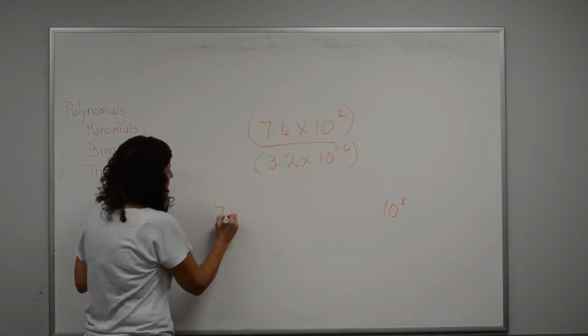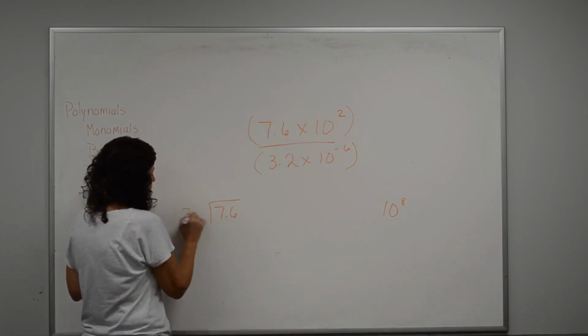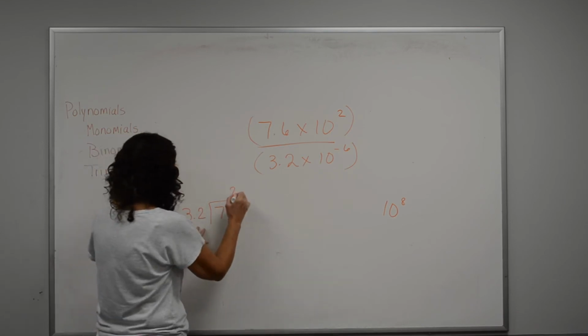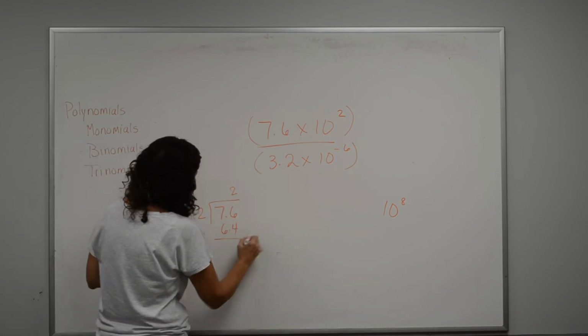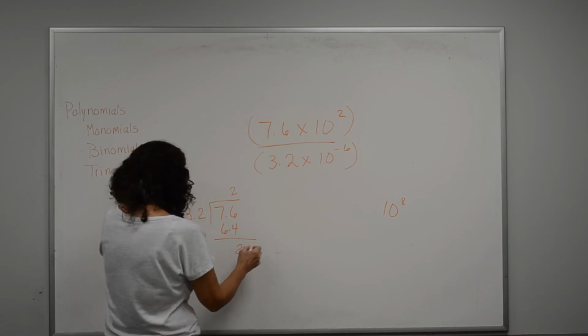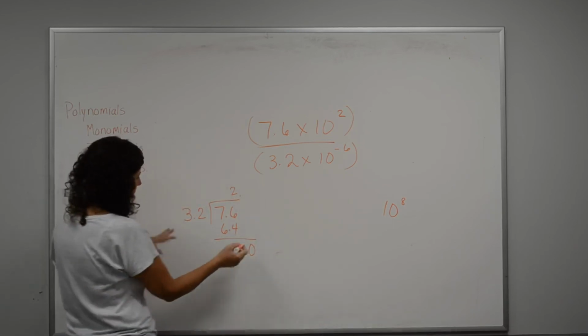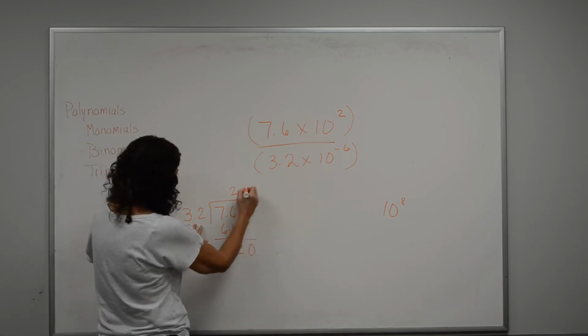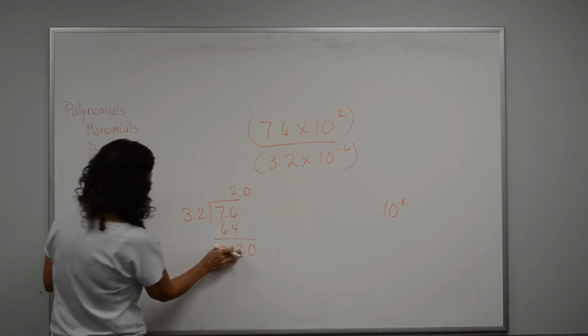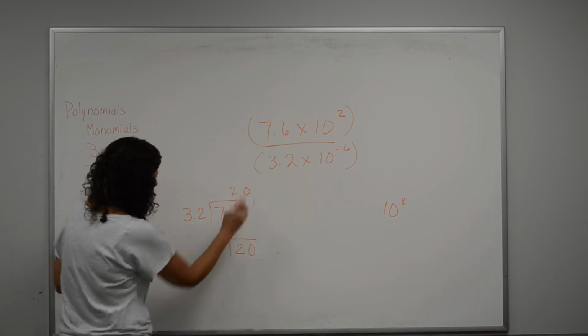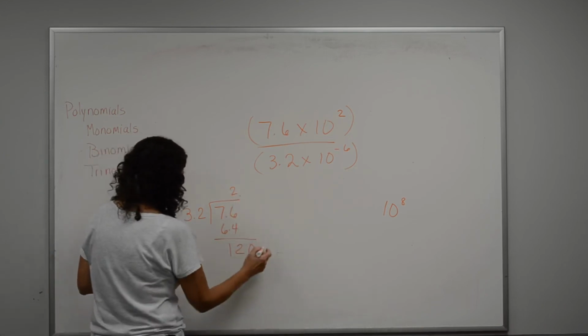Then I'm going to actually divide my coefficients. It's going to go in there 2 times, so that's 6.4. Bring down my 2, add a 0. I don't know where it's going to come out even, but that's going to be a, oh wait, that's not right, yeah it is. How about a 12, not a 2, that makes more sense.